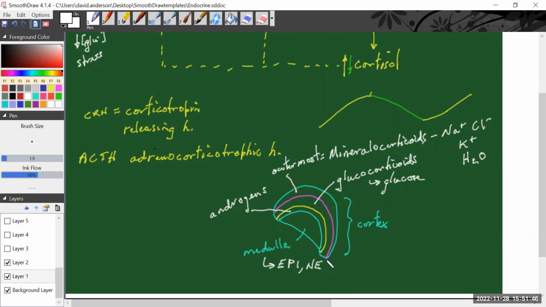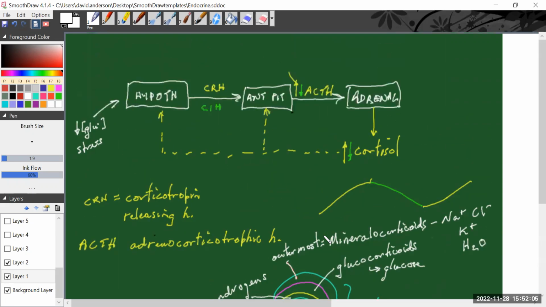So these hormones will be responsible for sustaining or lengthening your fight or flight response. Does that make sense? Yeah. Okay.